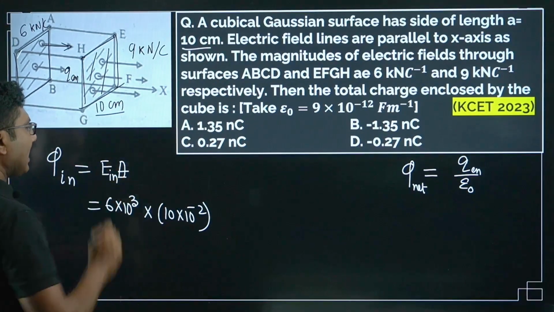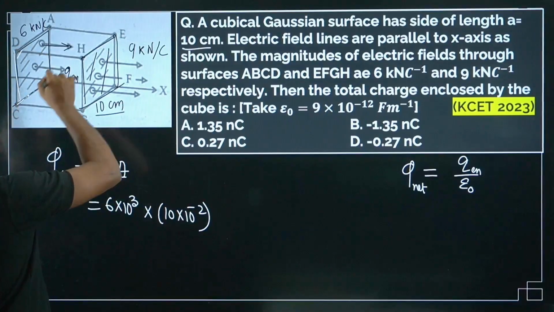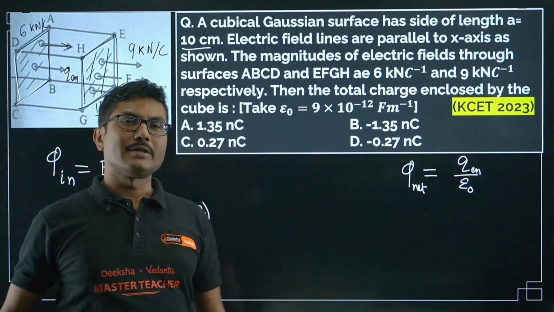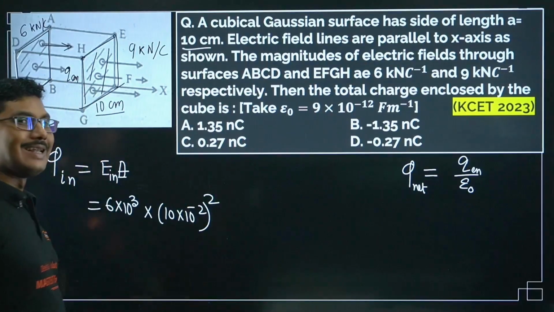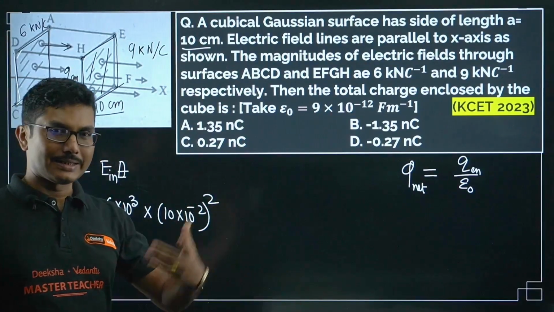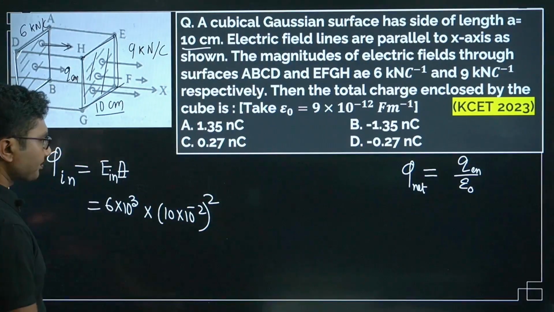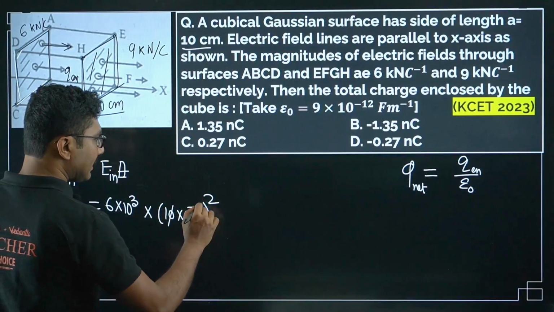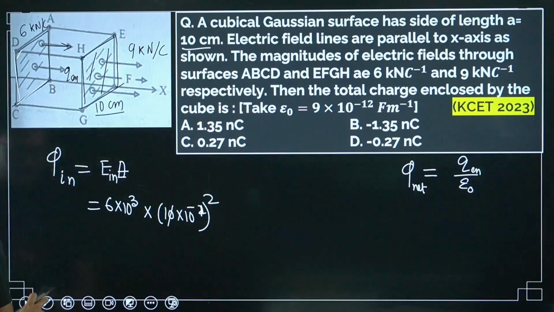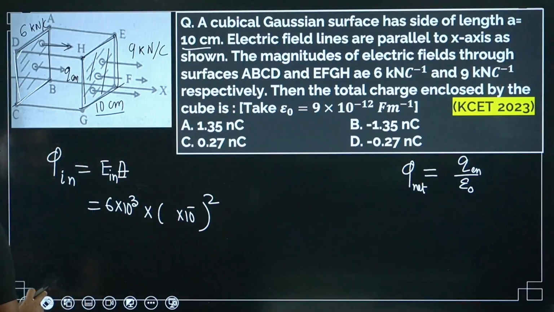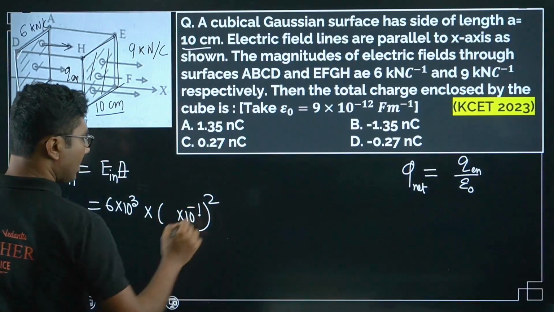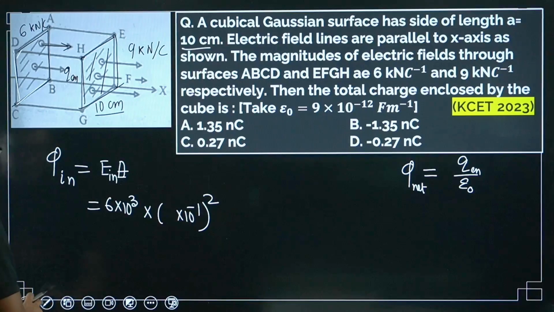Now area is length into breadth. In this case length and breadth are both equal, so area is length square for a square. That is the formula. Now you can reduce this: 10 centimeter is equal to 10 to the power of minus 1, because we have converted it into meters, right?